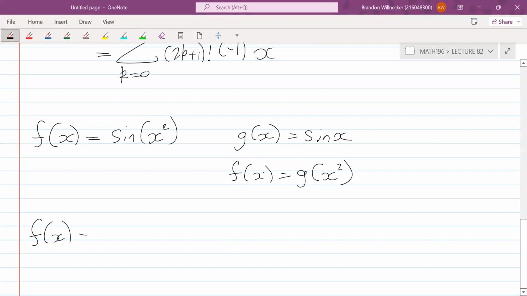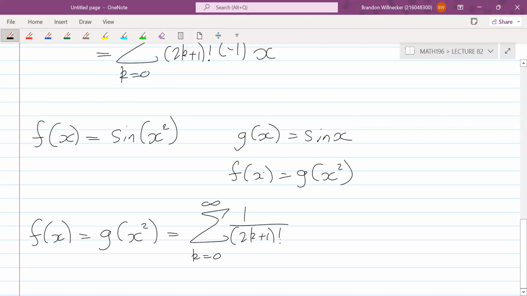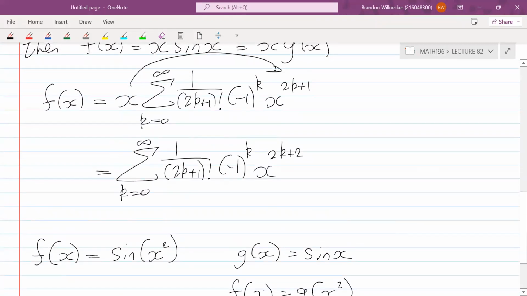So f of x is going to be g of x squared. So that's going to be the sum from k equals 0 to infinity, 1 over 2k plus 1 factorial, minus 1 to the k. Now, instead of x, we substitute x squared. So here we had x to the 2k plus 1.